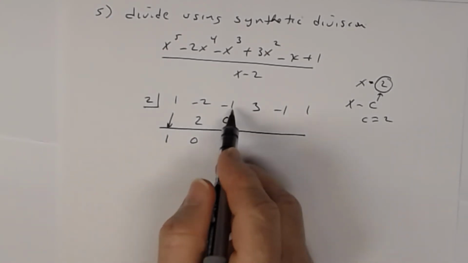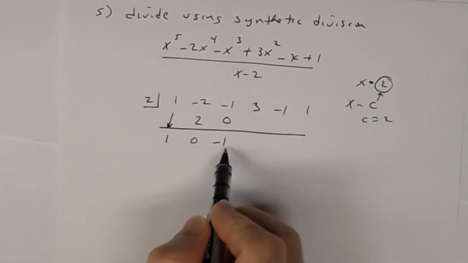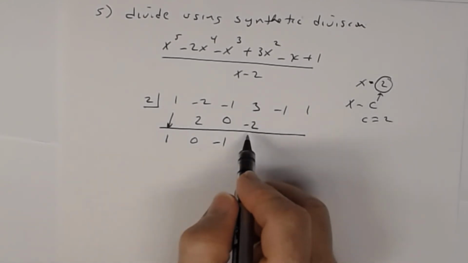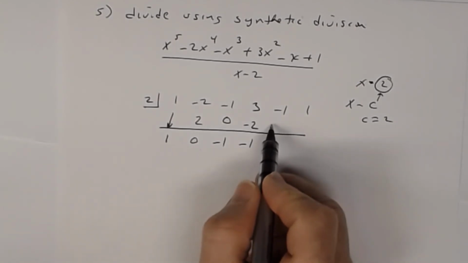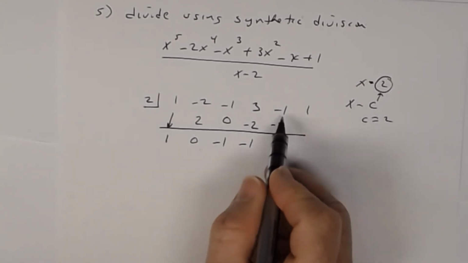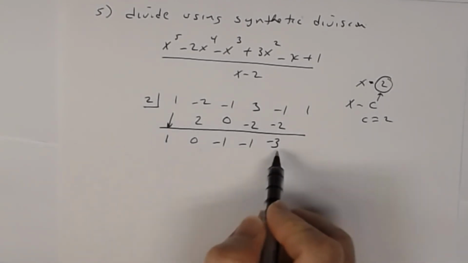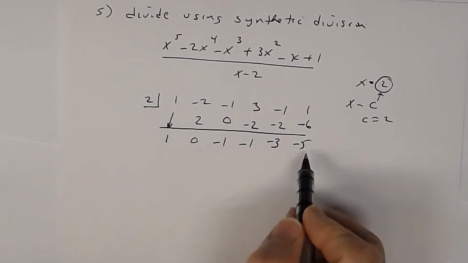We add negative 1 and 0 is negative 1. 2 times negative 1 is negative 2. Then we add 3 and negative 2 is a negative 1. 2 times negative 1 is negative 2. And we add negative 1 and negative 2 is negative 3. 2 times negative 3 is negative 6. And we add, we get negative 5.